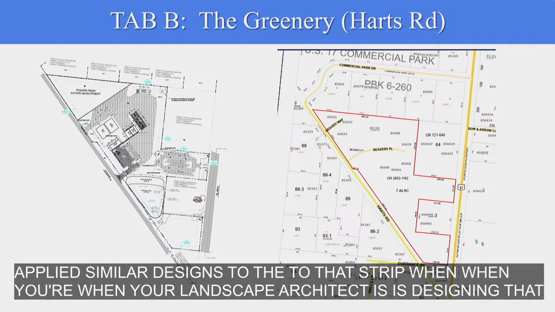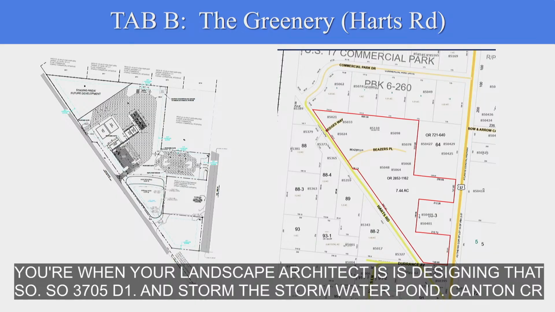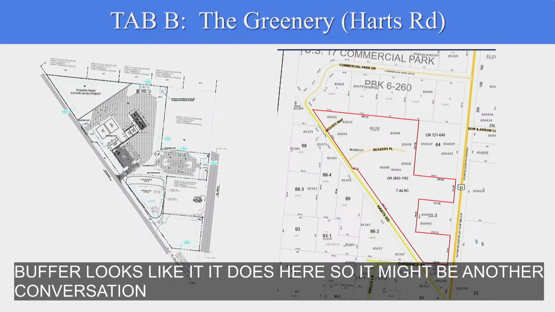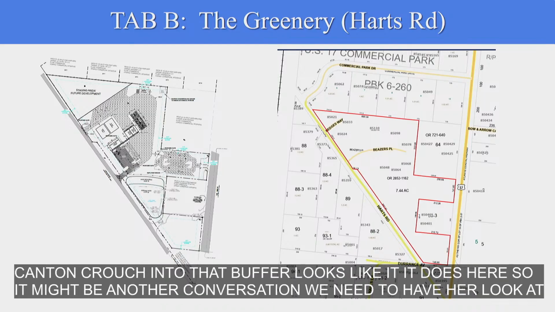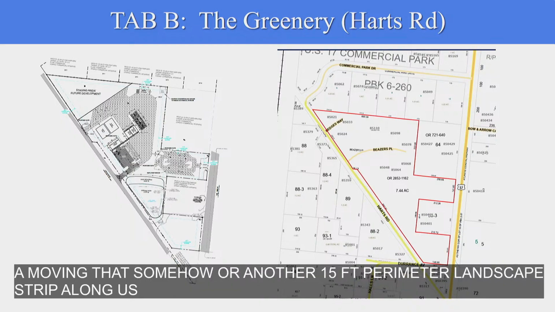So 3705D1, and the stormwater pond can't encroach into that buffer. Looks like it does here, so it might be another conversation we need to have or look at moving that somehow or another. 15-foot perimeter landscape strip along US 17.